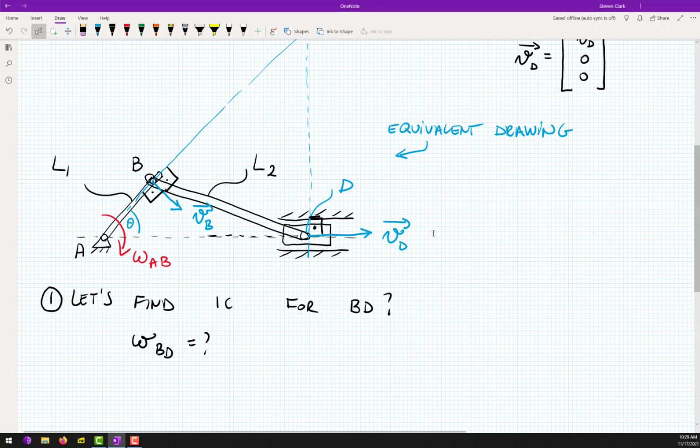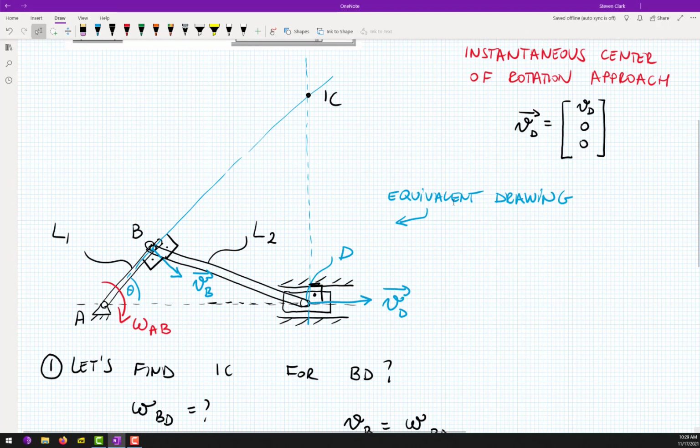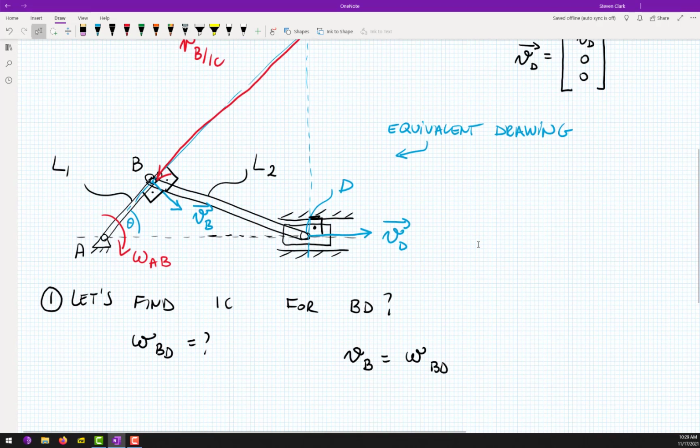We can write VB is equal to omega BD times this distance, which is RB with respect to IC.